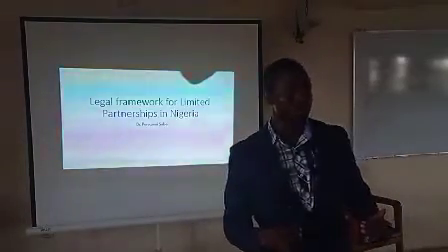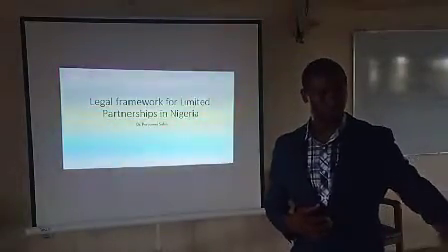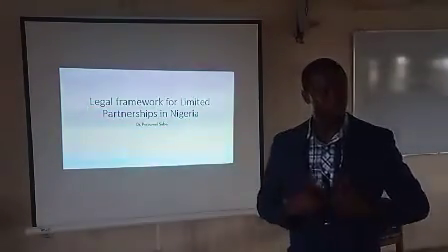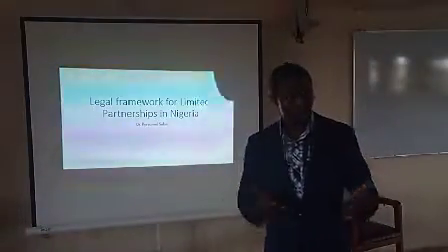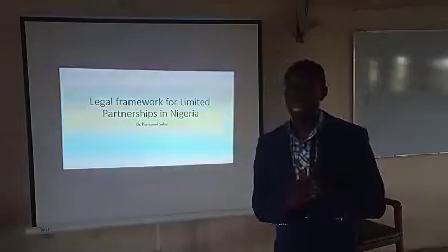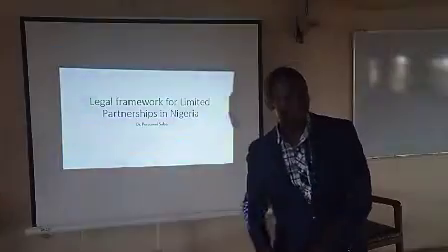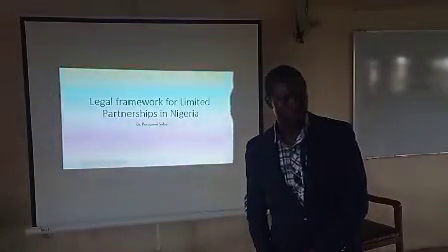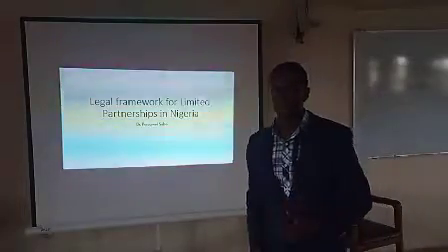What does this mean? It means that I can extend money to a friend of mine who wants to set up a business. I desire to profit from that business. He wants to set up a chicken farm, and he has the expertise. He doesn't have the capital. I know nothing about chickens. I have the funds. Are you with me? I can decide to extend him capital and go into partnership with him.